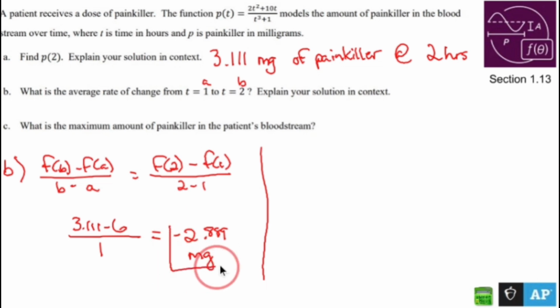In the real world, we went from 6 to 3.111 milligrams of painkiller in our bloodstream, and that's the rate per the 1 hour that we had. Now, C is asking us to find the maximum amount of painkiller. So we're going to use our calculator to use the maximum value and find out what we get.